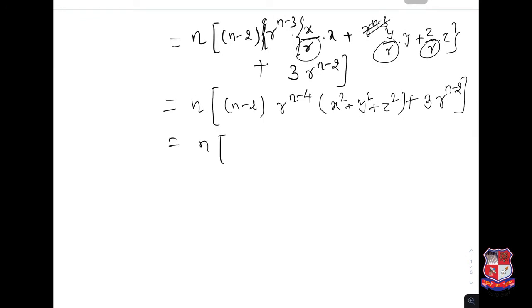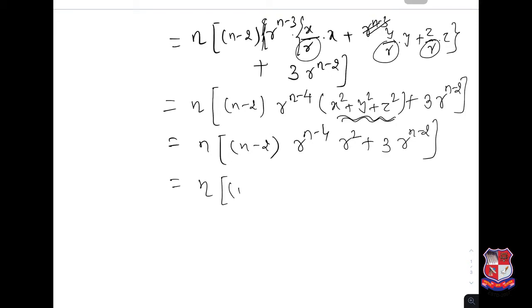So n minus 2 r power n minus 4. Now we know x square plus y square plus z square is r square. So plus 3 r power n minus 2. So equal to n minus 2. Now r power n minus 4 into r square, so that is equal to r power n minus 2 plus 3 r power n minus 2.